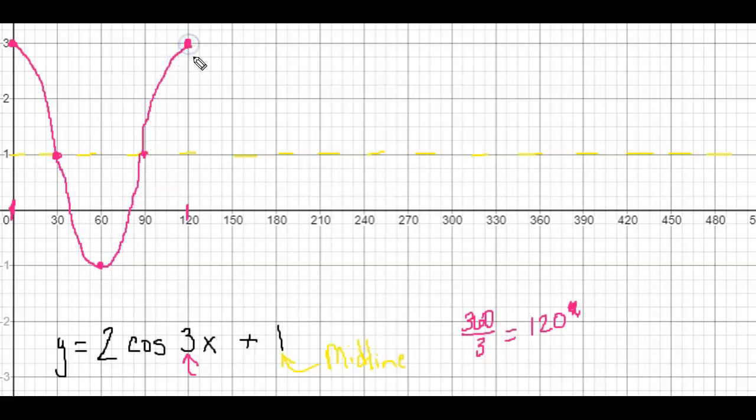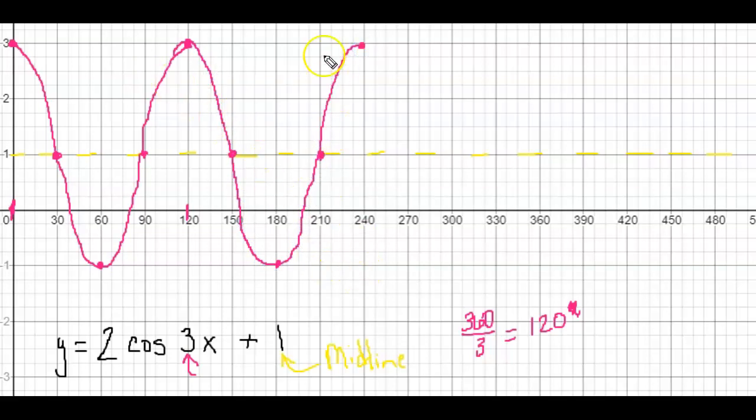up to the top. And in fact, now I want to continue that. So each one of these, I'm going down to the midline, down to the minimum, back up to the midline, back up to the top. And so you just want to make sure that it's looking like a wave and not sharp corners.